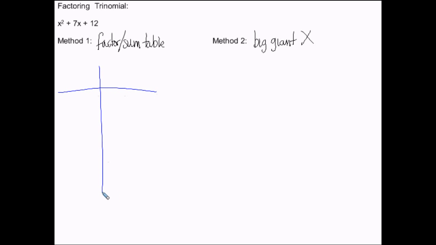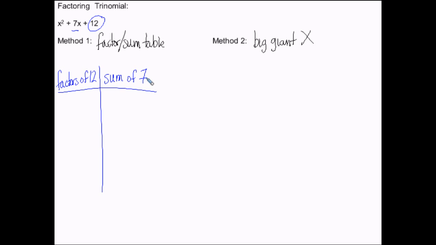You make a table. You take this last term here, the 12, and you look for factors of 12, and you want them to add up to the middle term. You want them to have a sum of 7. Probably that pops into your head pretty quickly because they're small numbers. But if it was factors of 48 with a sum of 19, let's say, you might not come up with it really quickly.